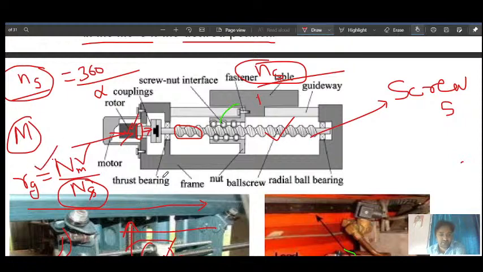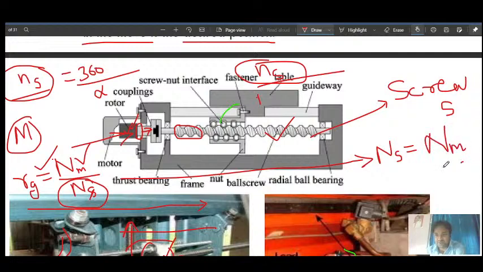As we are using gear reduction, screw speed is Nm by Rg. So lead screw speed would be less than the motor speed. That is the use of Rg.